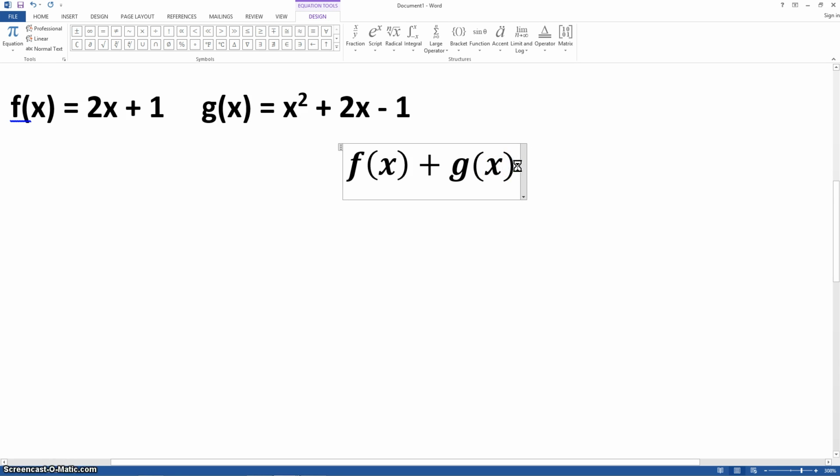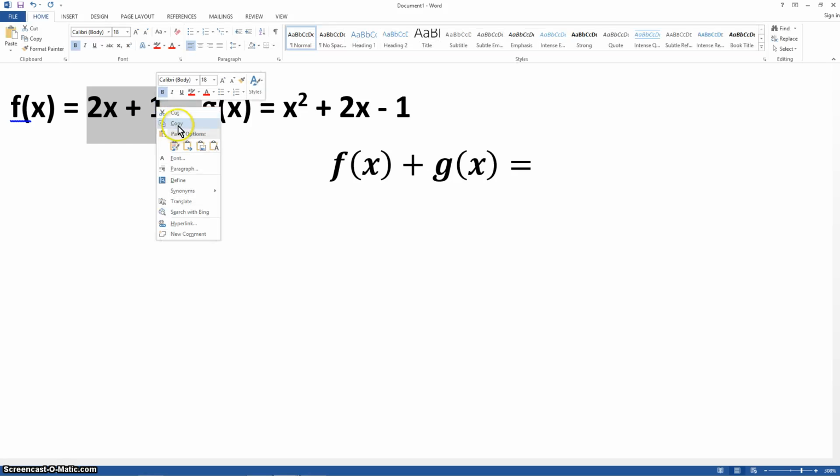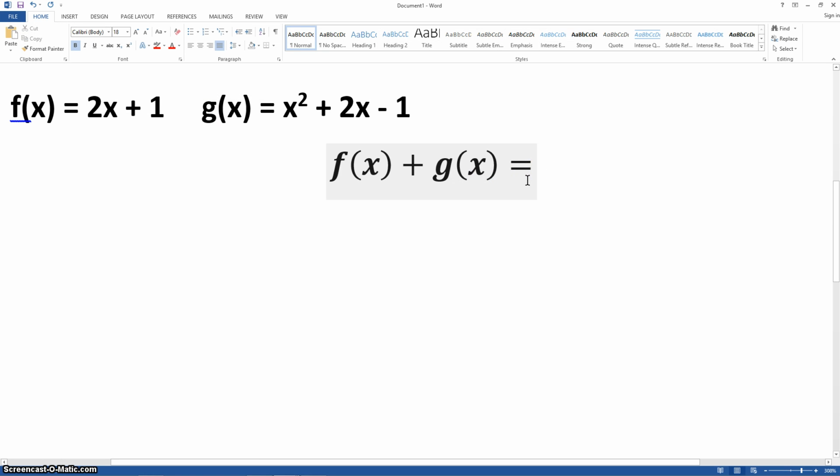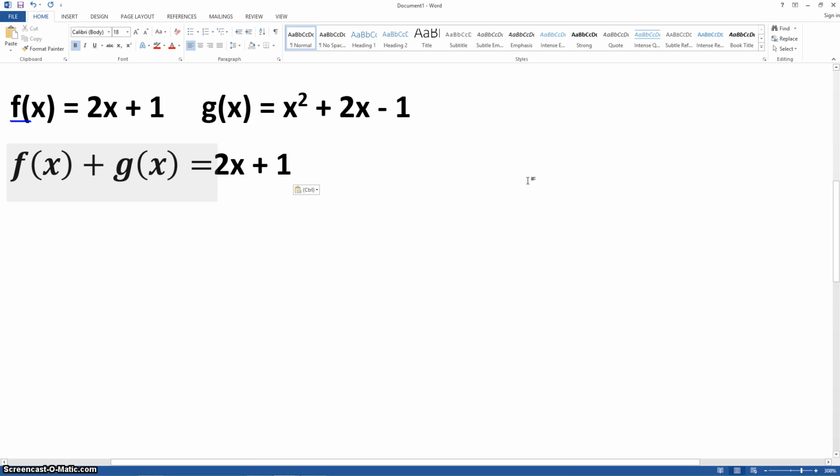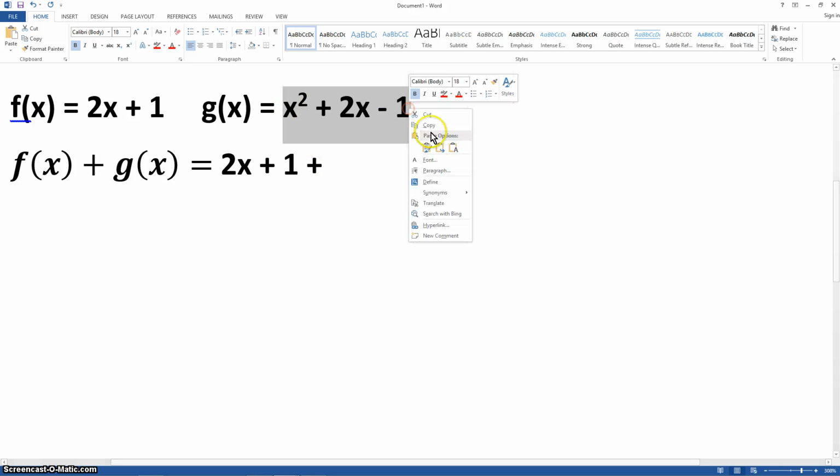So let's do that. So we have our f function, which is 2x plus 1. And then you have your g function. We're going to add them together, which is x squared plus 2x minus 1.